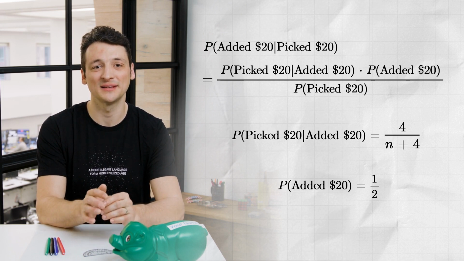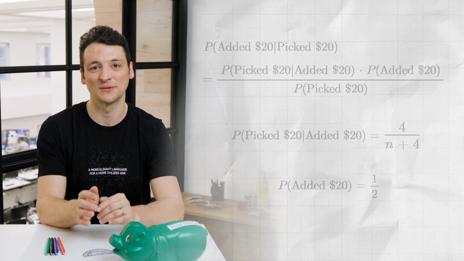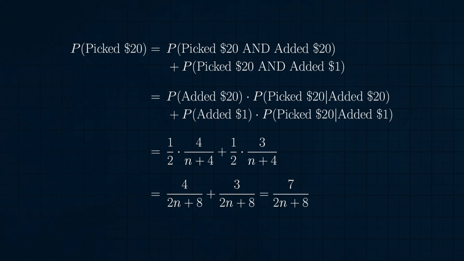Now to compute the unconditional probability picked 20, we need to break it up into cases based on what bill Grandma added. The probability of picked 20 equals the probability of added 20 times the probability of picked 20 given added 20, plus the probability of added 1 times the probability of picked 20 given added 1.